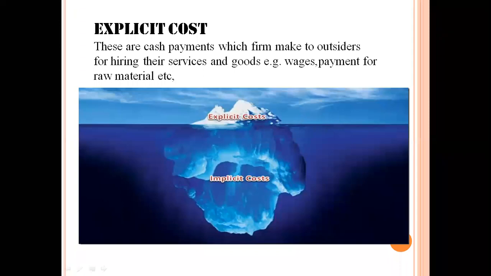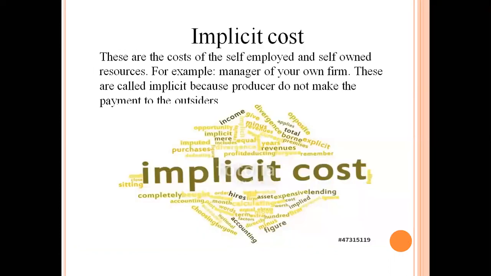So explicit cost is the one in which you are making payment to outsiders, right? But implicit cost is that cost in which you are not making payment to outsider. It is just the cost of your self-owned resource.